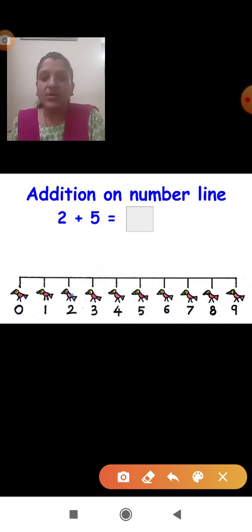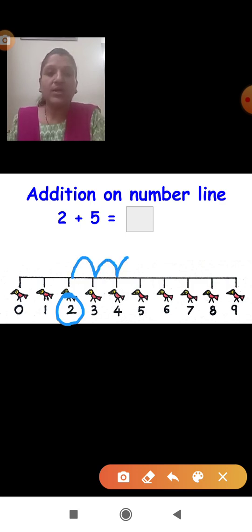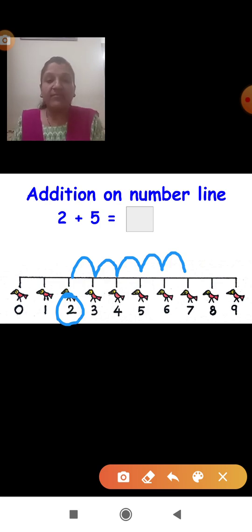We have to start with number 2. Now we will count forward 5 numbers. 1, 2, 3, 4, 5. Which number did we reach? We reached number 7.